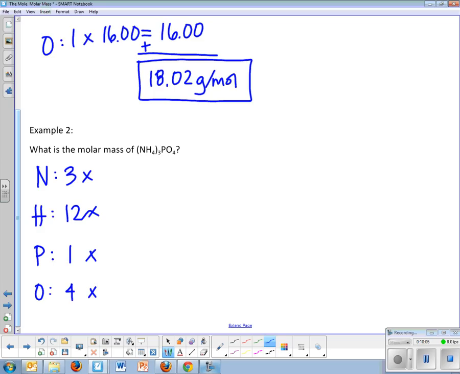So I have to look up now their atomic masses. So I find nitrogen on my periodic table, and it's 14.0067, so I'm going to round that to 14.01. Hydrogen is 1.01. Phosphorus is 30.973, so I'm going to do 30.97.